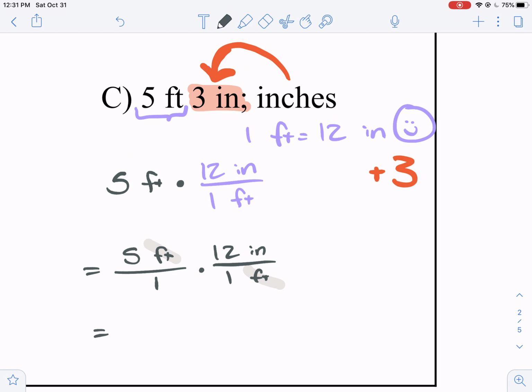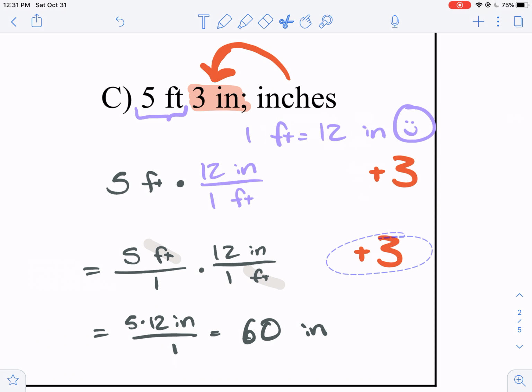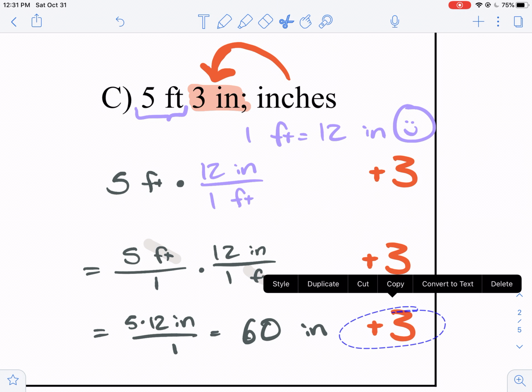So this is the same thing as 60 inches over 1. Oh, that's 60 inches. Nice. Or rather, I got that 60 because it's 5 times 12 equals 60 inches. But remember, we have this plus 3 on the side going the whole time.